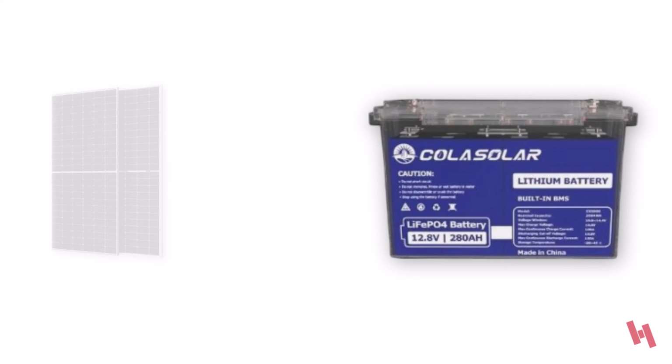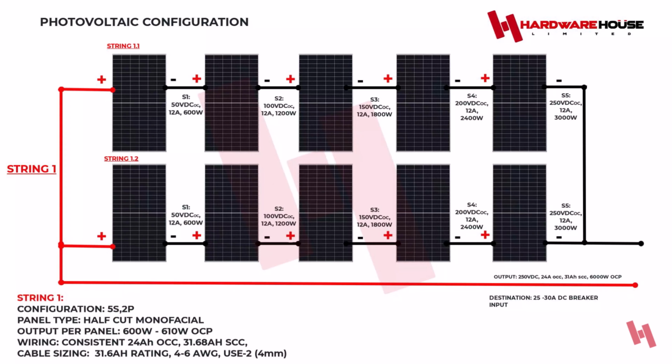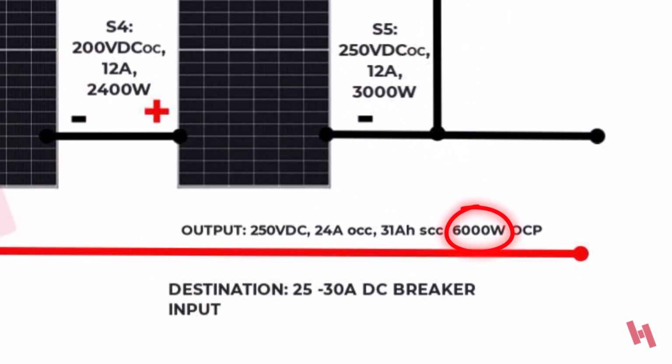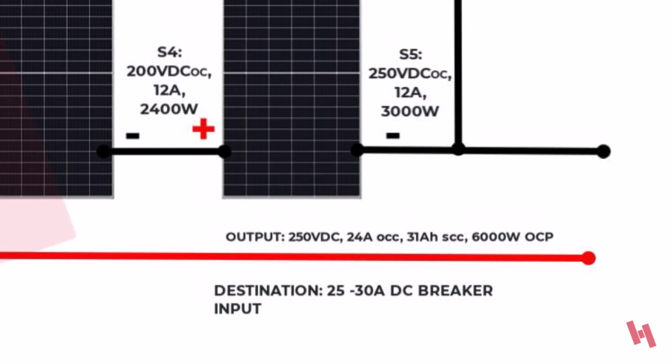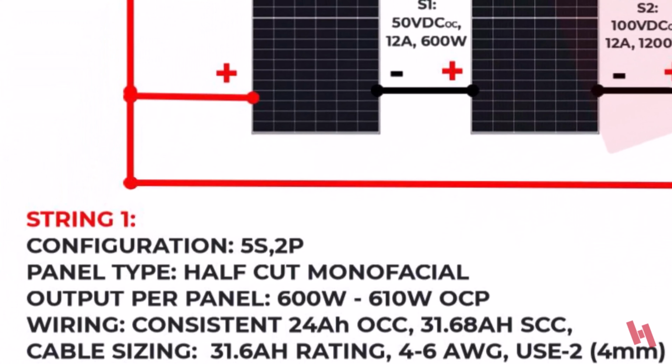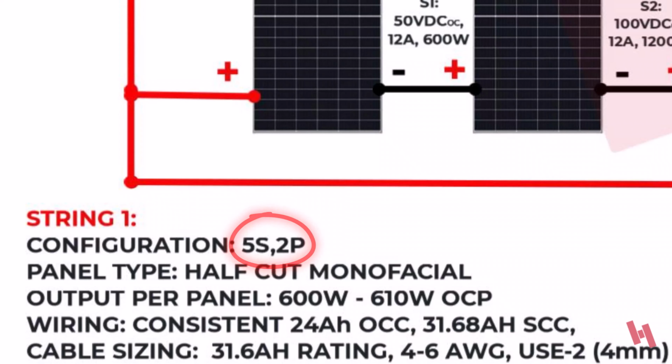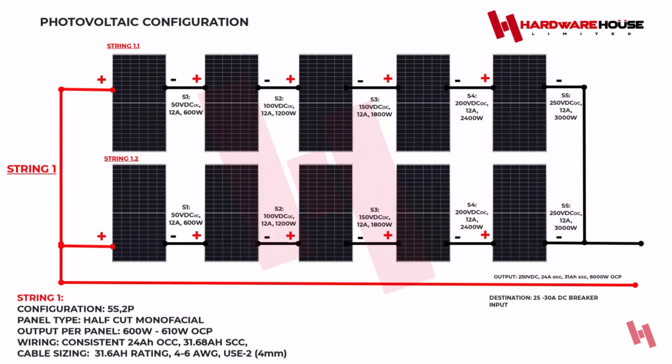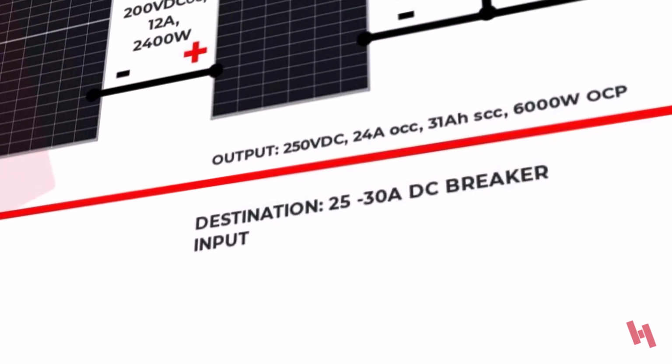So if you have a 6,000 watt array of solar panels, like around 10 pieces of 600 watt solar panels connected together, if you have a 2P 5S connection like the one you see on your screen, that means you're going to be having an output of around 6,000 watts.